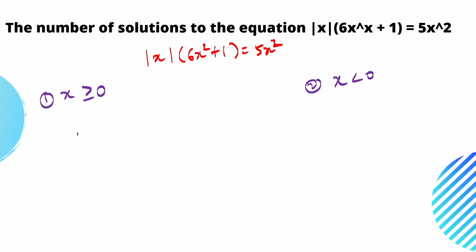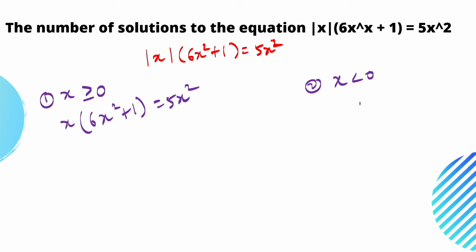So in the first case, what do we do? In the first case, let's take if x is greater than or equal to 0, we can eliminate this modulus, right? We can directly write the equation as x into 6x square plus 1, this is equal to 5x square.